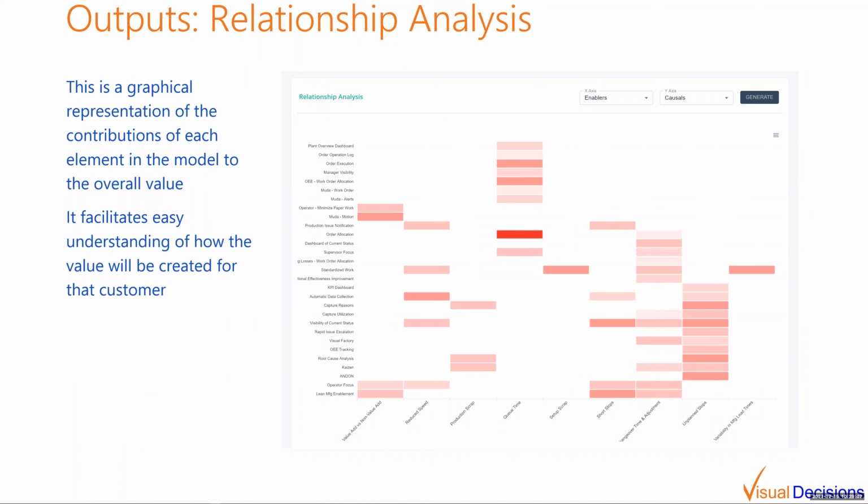And then being able to look at the relationship for the different initiatives that we would put in place versus either the root causes or all the way up to the financial impact, and being able to look at that relationship between the initiatives that we have and the overall performance that we'll get for the business.